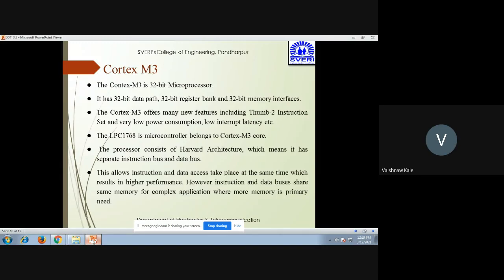This allows instruction and data access to take place at the same time, which results in higher performance. However, instruction and data buses share the same memory for complex applications where more memory is the primary need. So whenever more memory is required, the instruction and data bus share the same memory.